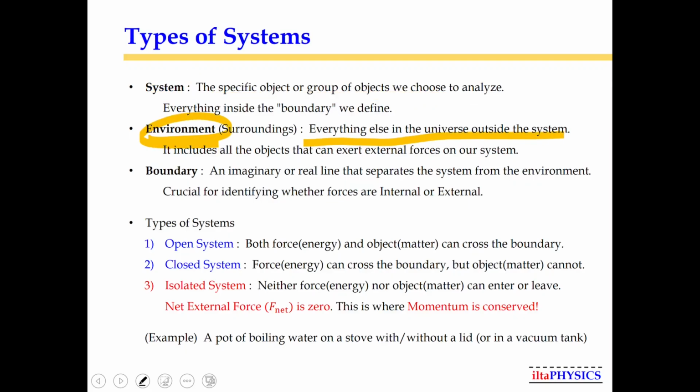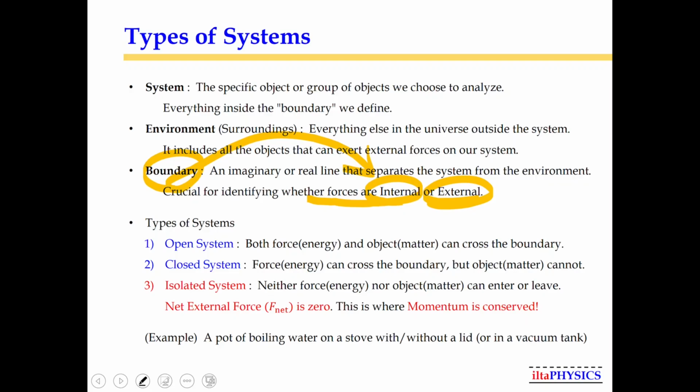The key is that forces acting from the environment onto the system can affect that system. The imaginary line that separates the system and the environment is called the boundary. By defining this boundary, we can distinguish between internal forces acting only within the system and external forces acting on the system from the outside.